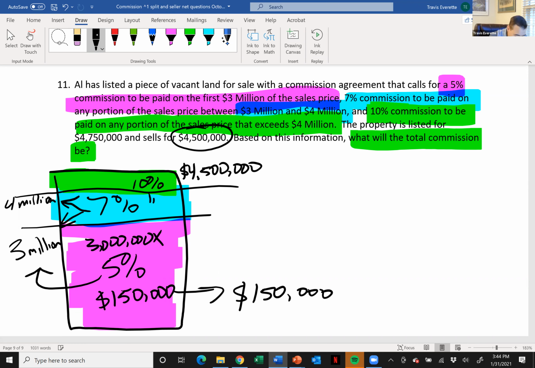I didn't write that. Sorry, I erased my highlight there. It's going to be 1 million. There we go. Times 7%, which is $70,000.